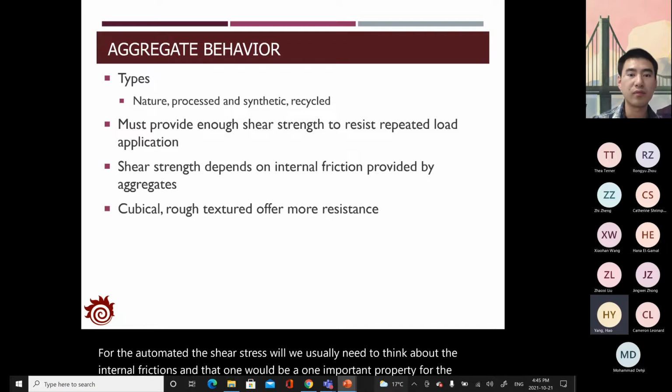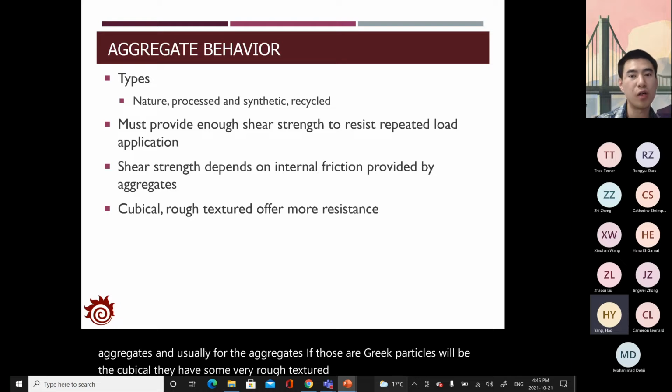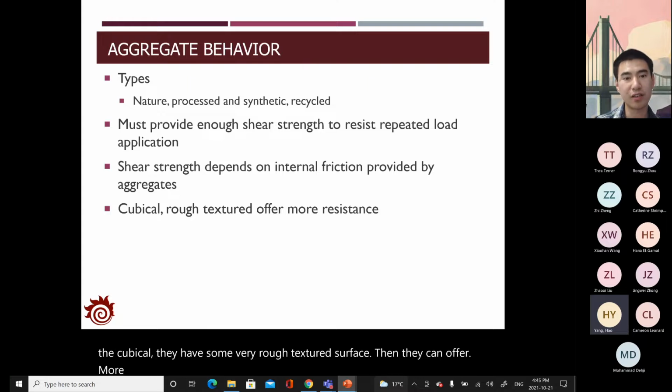If those aggregate particles are cubical and have a very rough textured surface, then they can offer more resistance, and with that the shear strength will be larger.